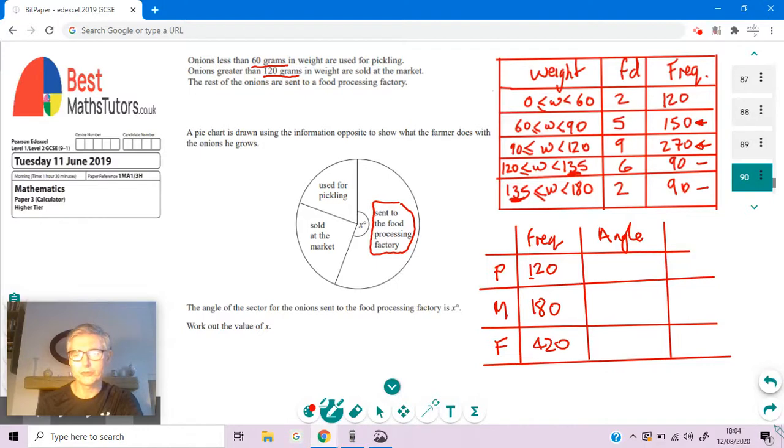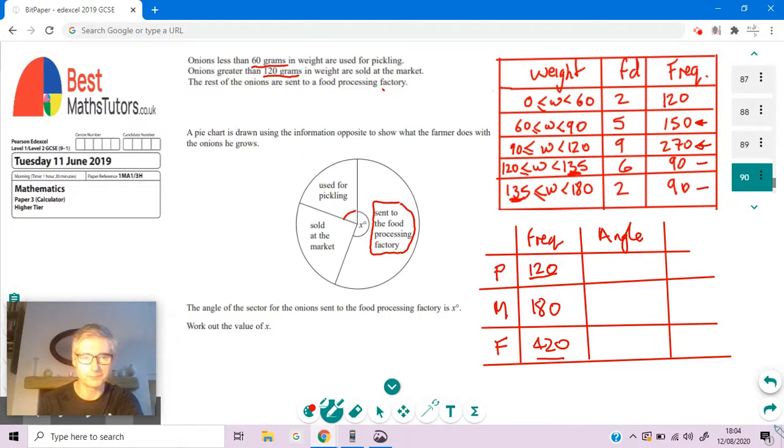Having got the frequency table here for each one of these categories, we've got a frequency of 120 for those that are sent for pickling, 180 for those that are sent to market, 420 for those that are sent to the processing factory. Then we need to work out the angle for each one that we'd do for the pie chart. So this would be the angle for those used for pickling.